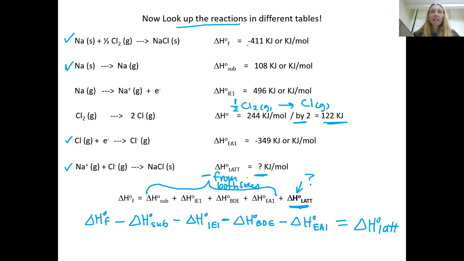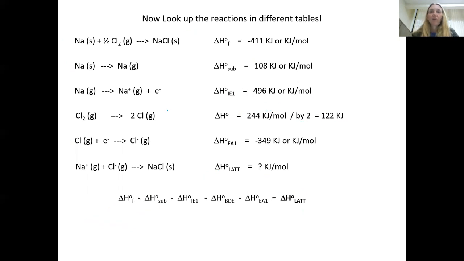The next thing I do is I take my numbers and I put them into the equation. Okay, so here I have this all written out. I've rearranged the equation. I have delta H lattice energy all by itself. And now I'm going to put these numbers in. So first number is delta H of formation, and that's negative 411 kilojoules.